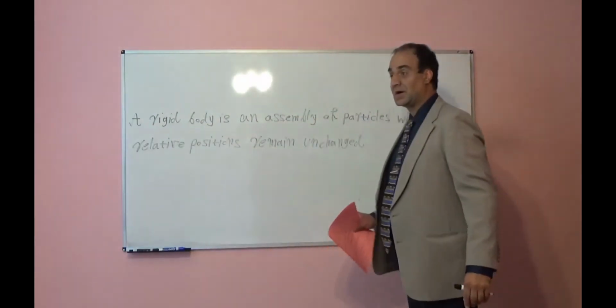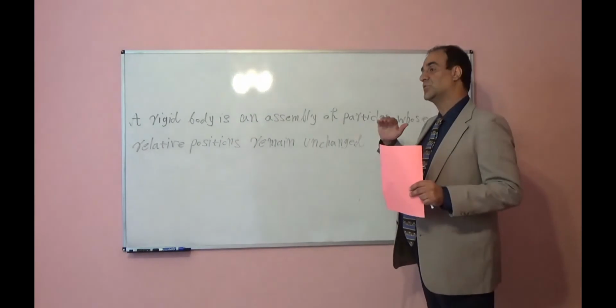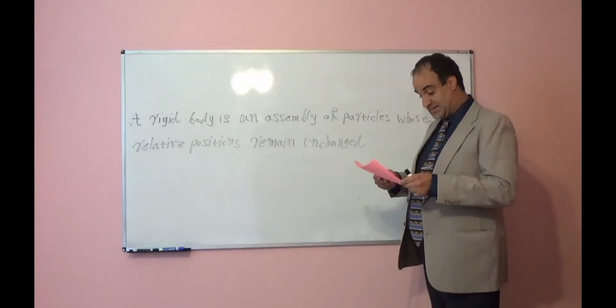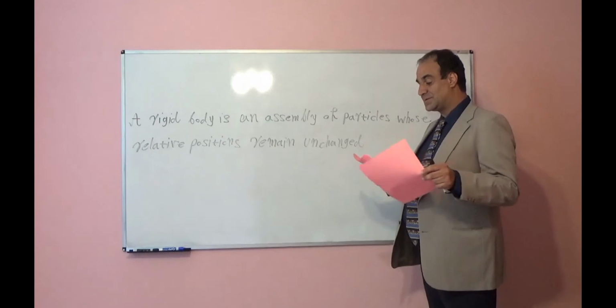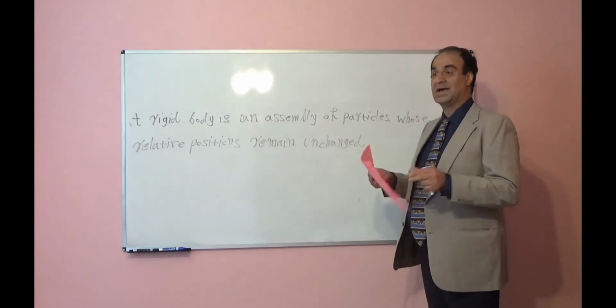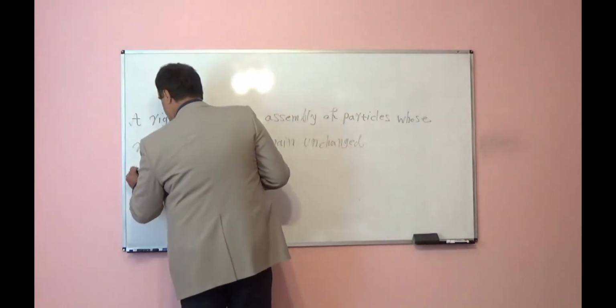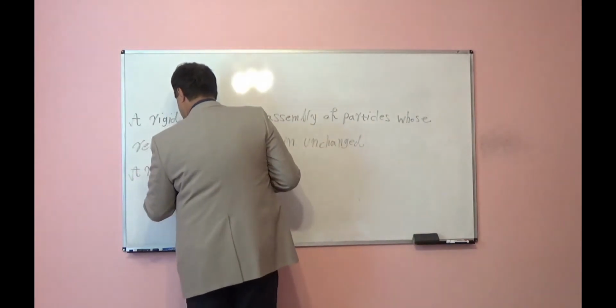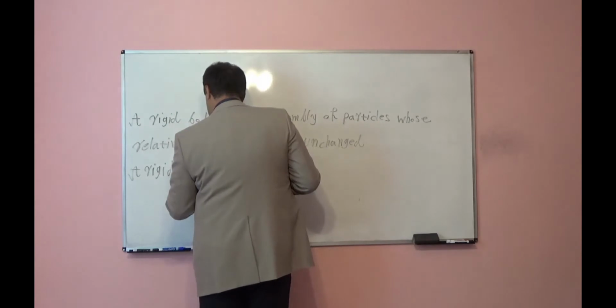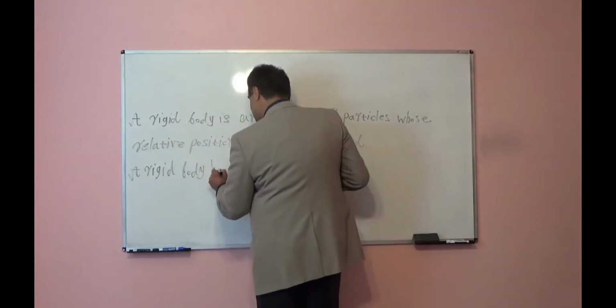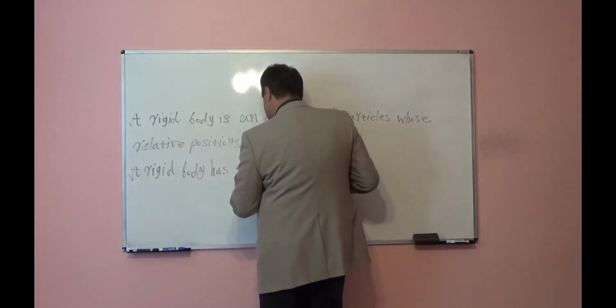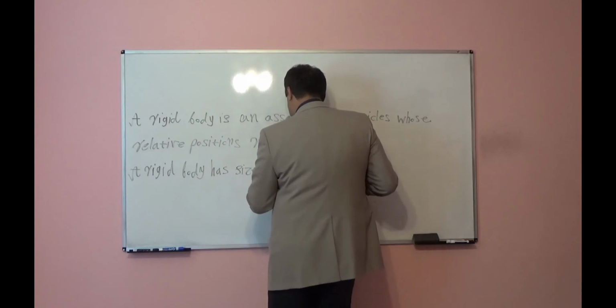So a rigid body means there is no deformation. We don't consider the deformation. A rigid body has size and shape.